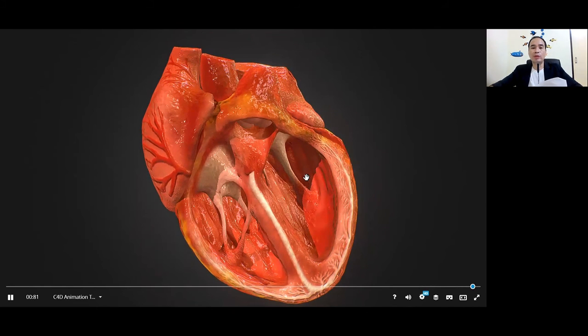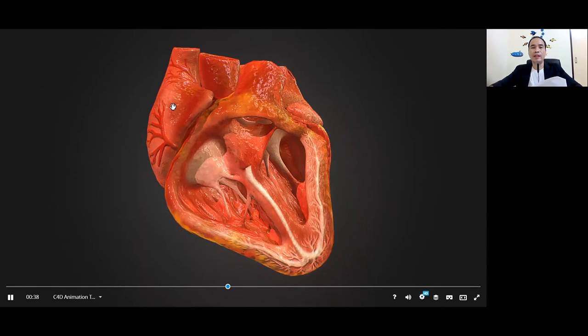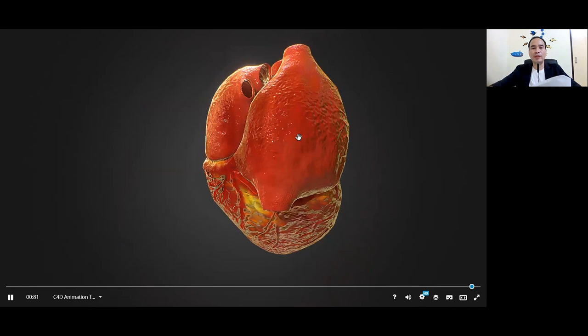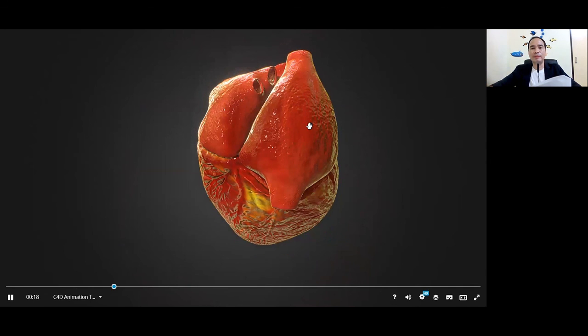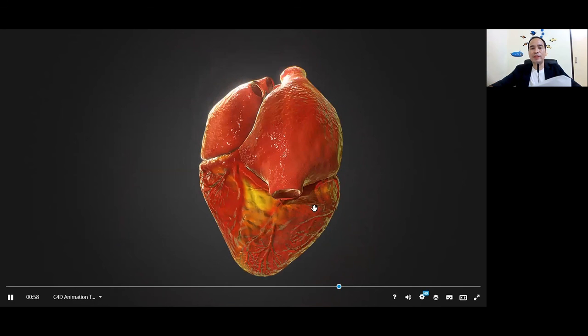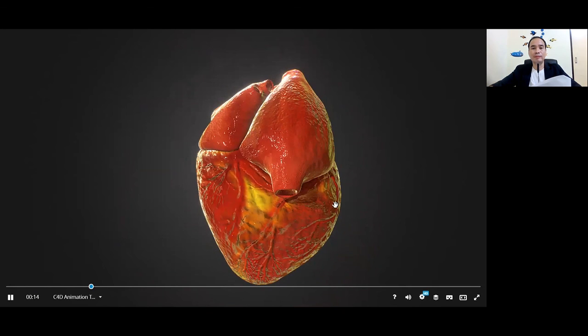And this one is your left ventricle. Okay, if we flip this side, now this is your right part. This is your right atrium. This is your left atrium. This is your right ventricle. And this is your left ventricle.